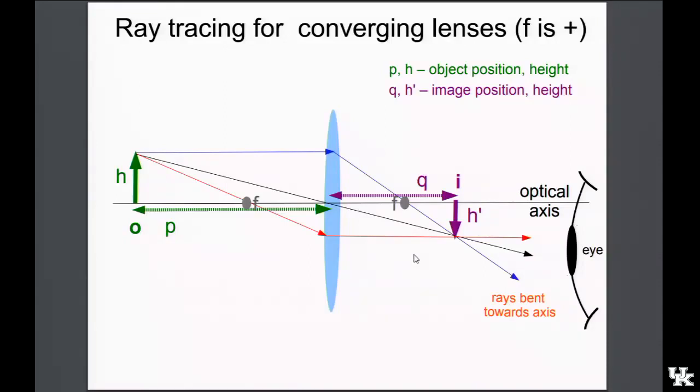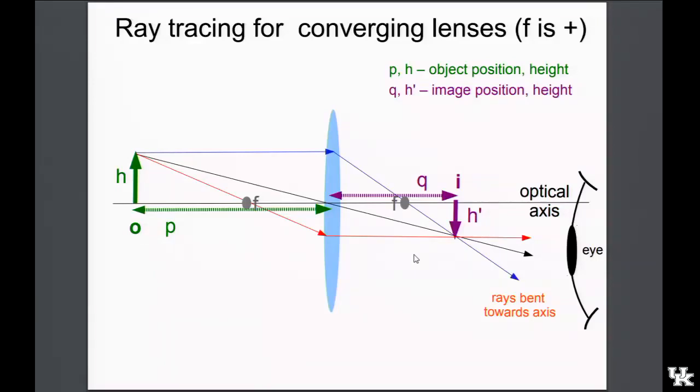And so we found the location of the image. In fact, we found a bunch of properties of the image. We found its location on the back side of the lens. We found the fact that it's actually upside down. It's been inverted. The arrow is the opposite way up. It's below the optical axis. It started out above the optical axis, so the image has been inverted.